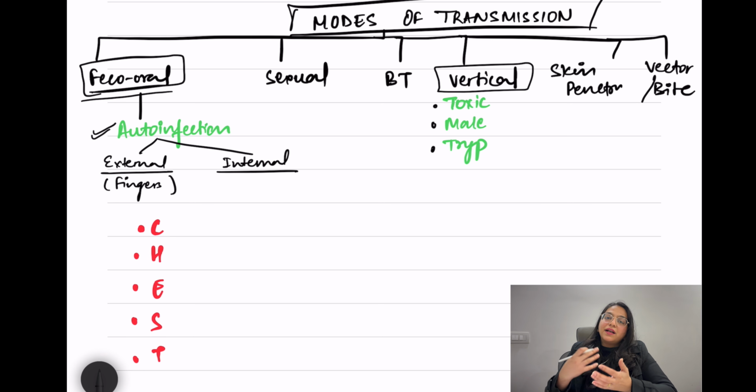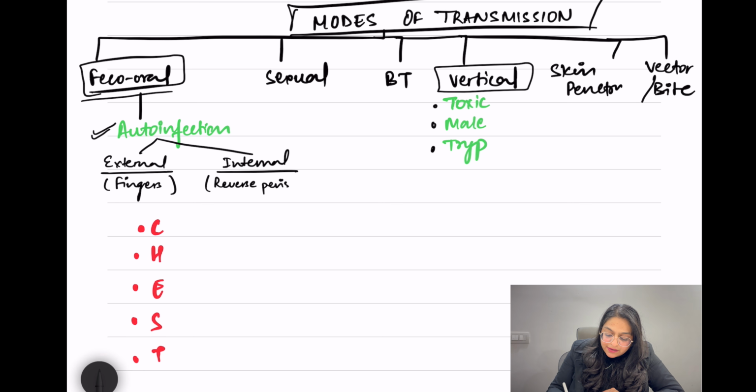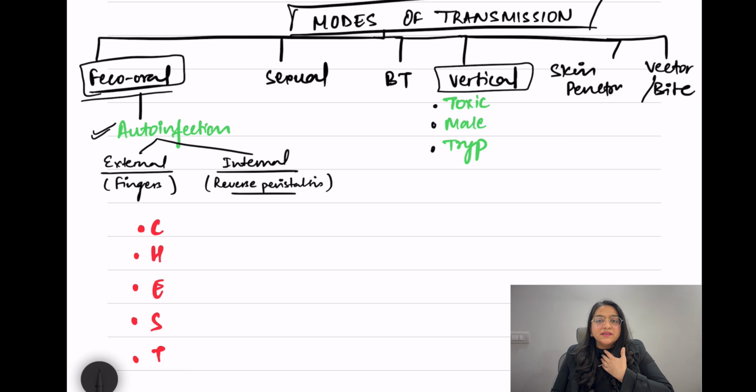Again and again, collecting the parasite and eggs from their own perianal area and feeding themselves. Internal is reverse peristalsis. While the organism is inside the small and large intestine, because of reverse peristalsis and reflux, it is coming back to the pharynx and the esophagus and getting ingested again. Okay, that is reverse peristalsis.